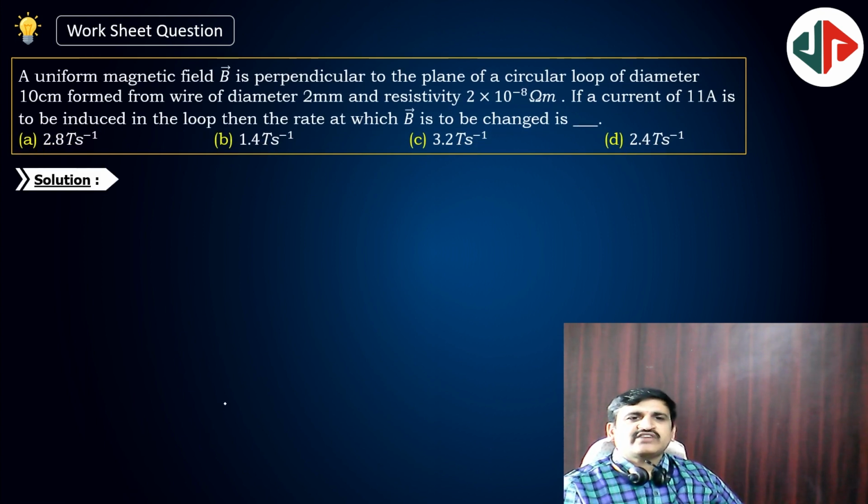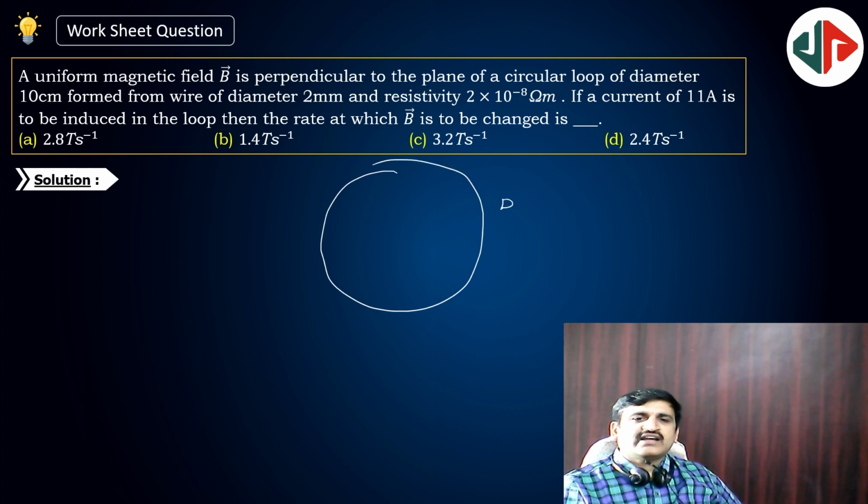A uniform magnetic field B is perpendicular to the plane of a circular loop of diameter 10 centimeter. The loop is made from wire of diameter D equal to 2 mm, resistivity rho is equal to 2 into 10 to the power of minus 8.